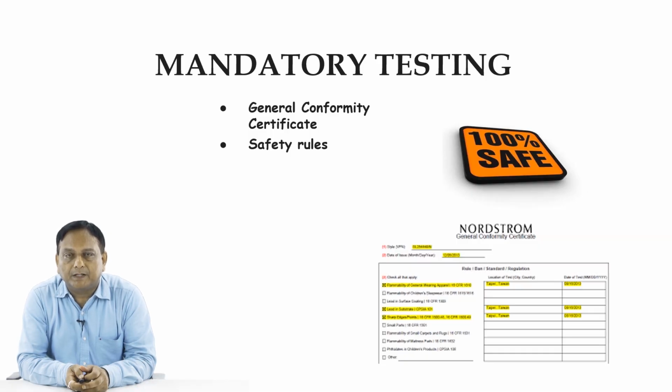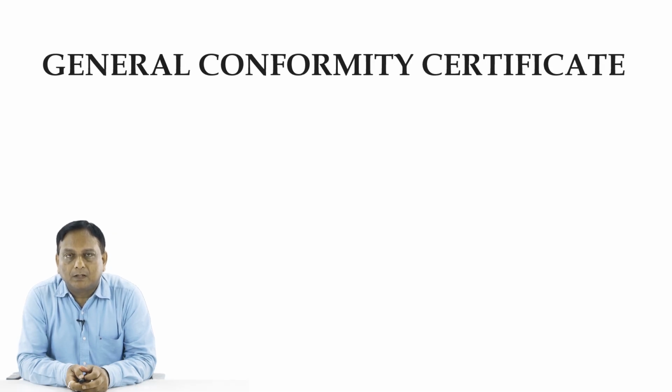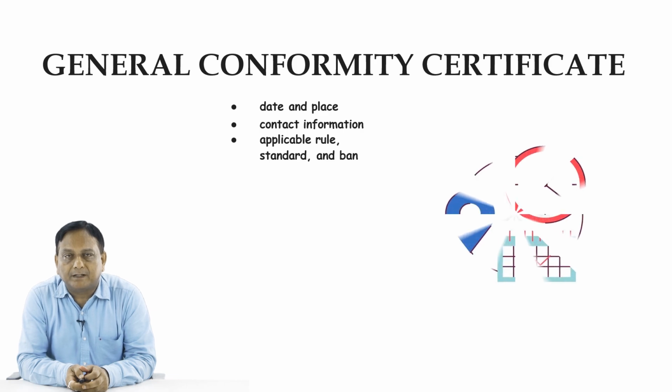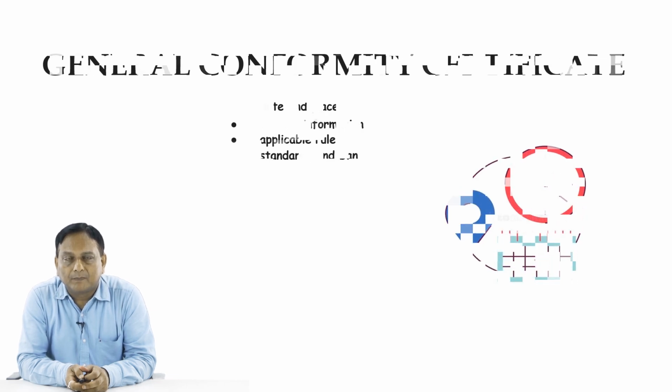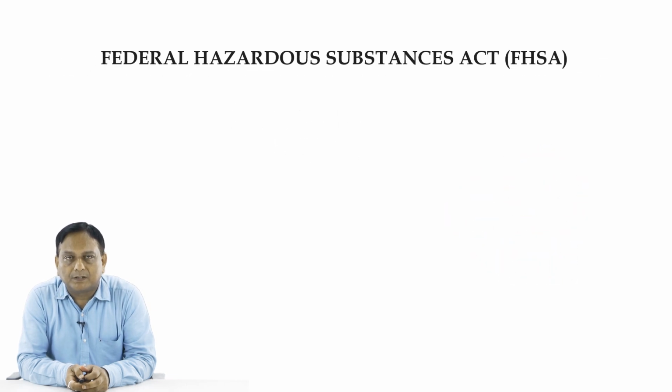Different buyers use these general conformity certificates for ensuring the safety of the consumers. The general conformity certificate needs to mention the date and place, contact information, applicable rules and standards, and bans, etc. Those are covered under this general certificate of conformity.